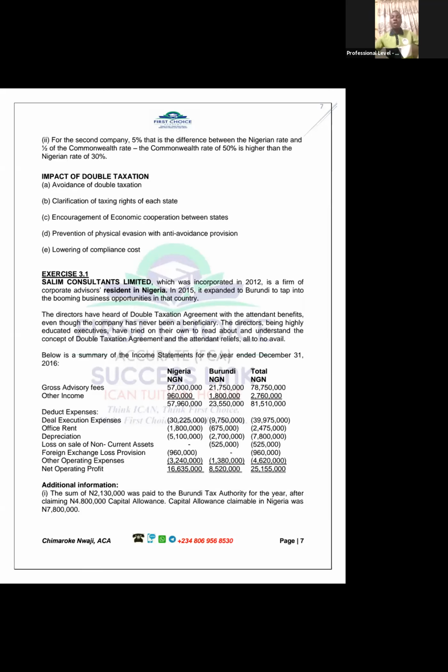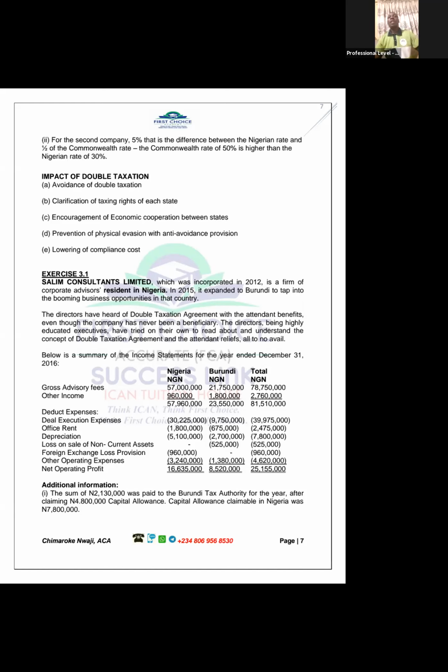We are looking at companies, which have a legal standing on their own. Now, if this company is registered in Nigeria and got its RC number from the Corporate Affairs Commission of Nigeria, then that company is resident in Nigeria. Even though it has spent 5 years in Burundi, it is still a Nigerian resident company.